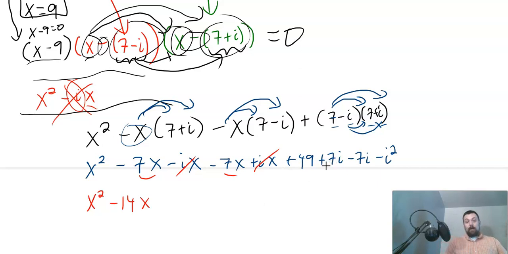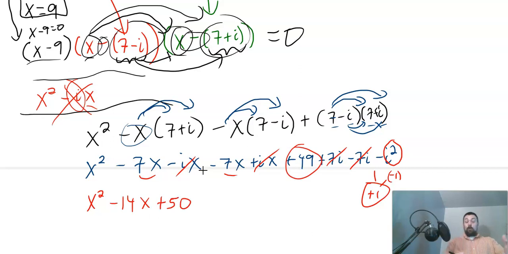The 7i cancels out with the negative 7i, so those just go away. And then we still have this i squared, but remember from chapter 1, i squared by definition is just negative 1. Minus a negative 1 makes this a plus 1. Right, so let me rewrite that plus sign again. Plus 1, right? And so I have 1 plus 49, which gives me plus 50.